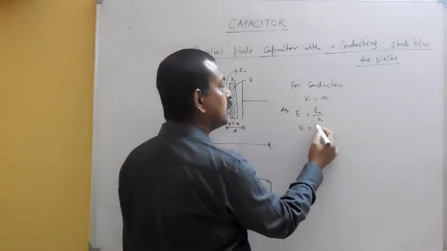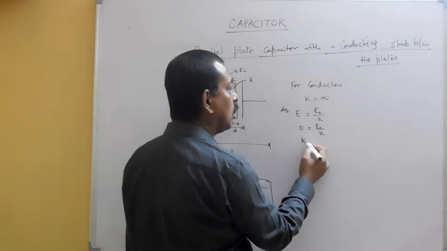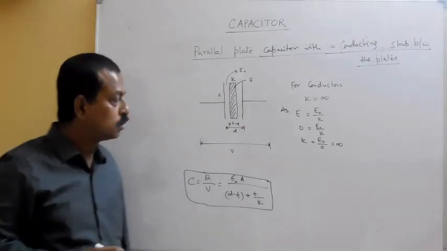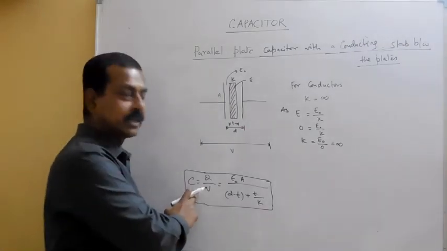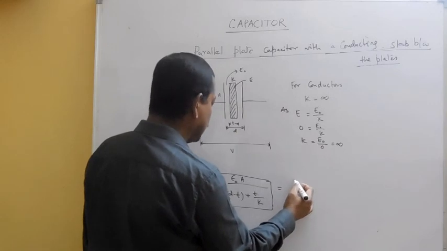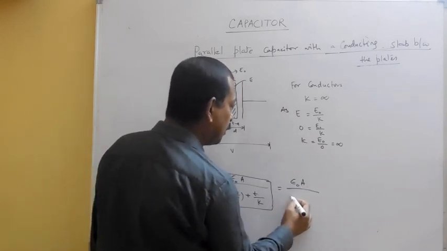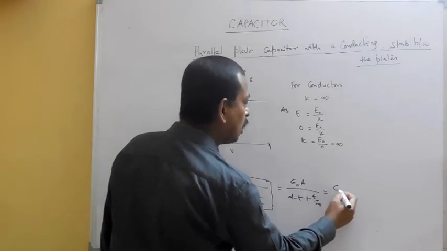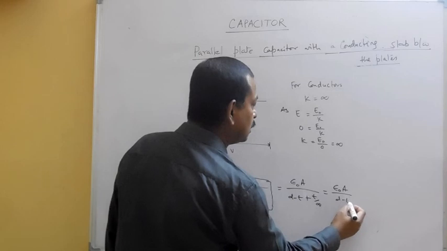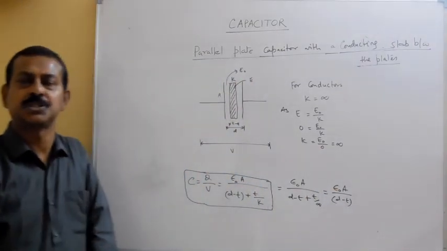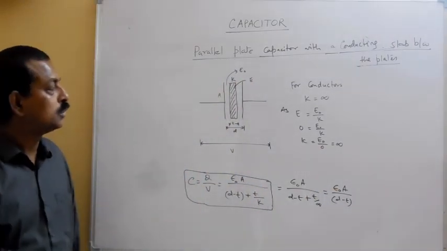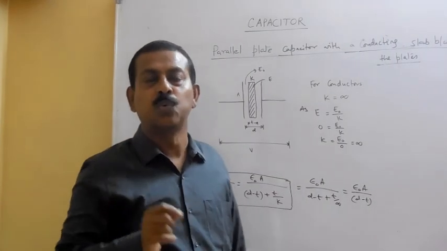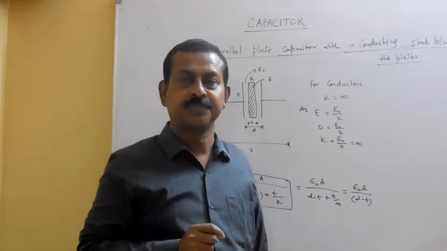So K will be E naught by 0, that is infinity. If you apply that, this gives epsilon naught A by D minus T plus T by infinity, or epsilon naught A by D minus T. So we can use this for the capacitance of a parallel plate capacitor with a conducting slab.